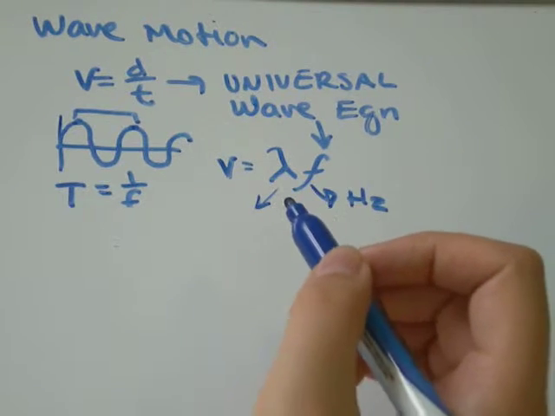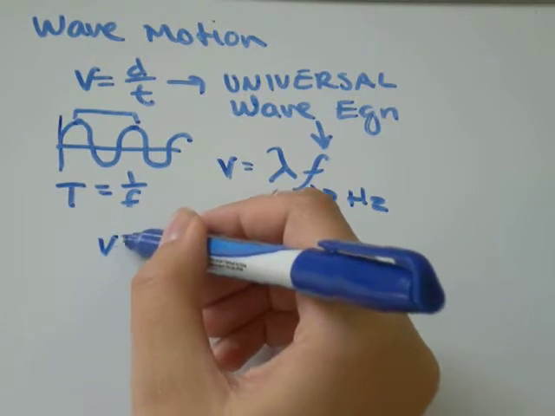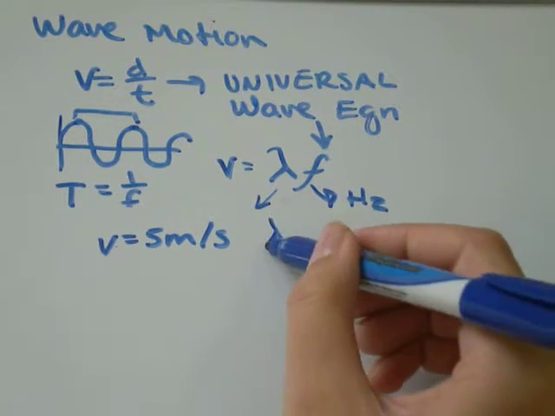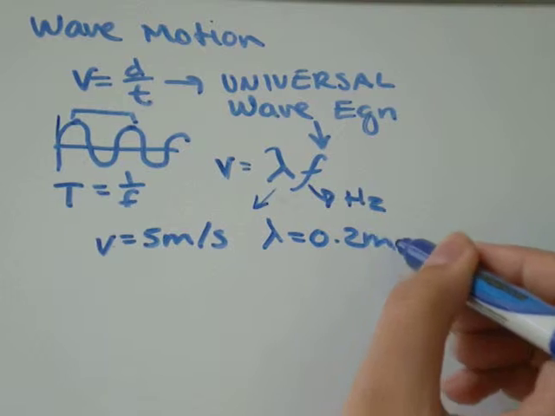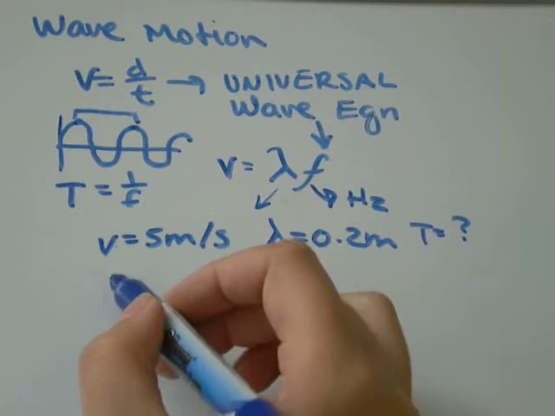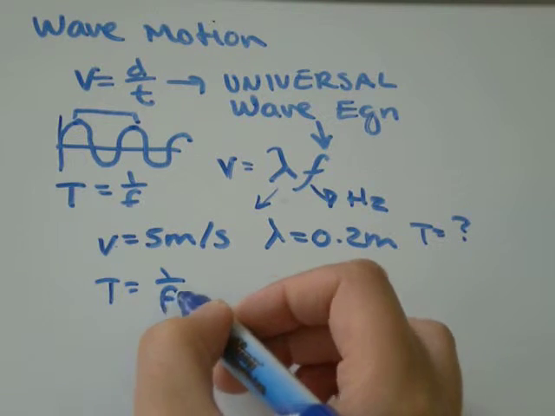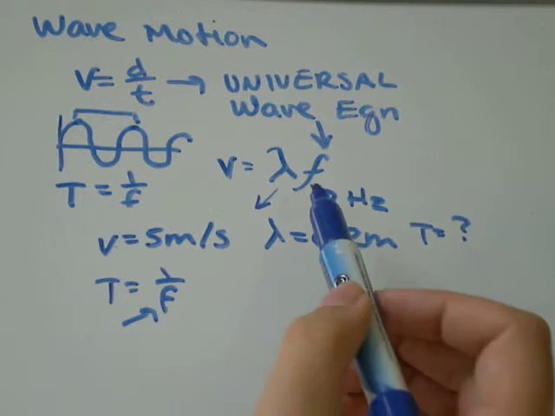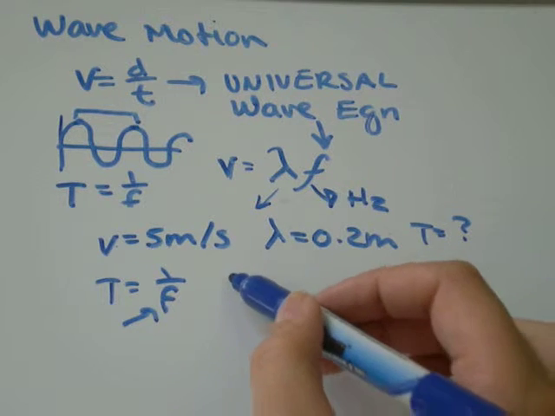So let's do, a wave has a velocity of 5 meters per second, and the wavelength is 0.2 meters. Find the period. Well, T equals 1 over f. We're solving for T, but we don't have f. So we go back to the universal wave equation.